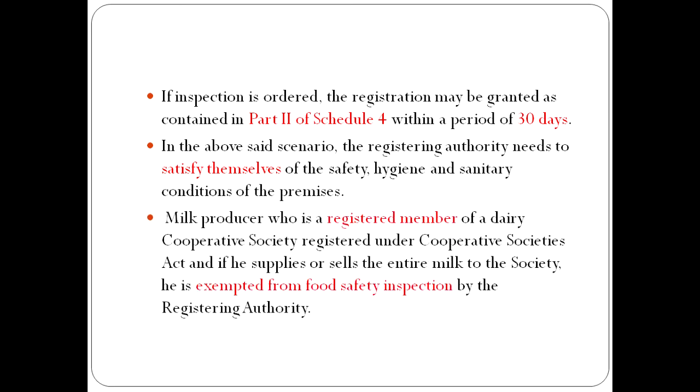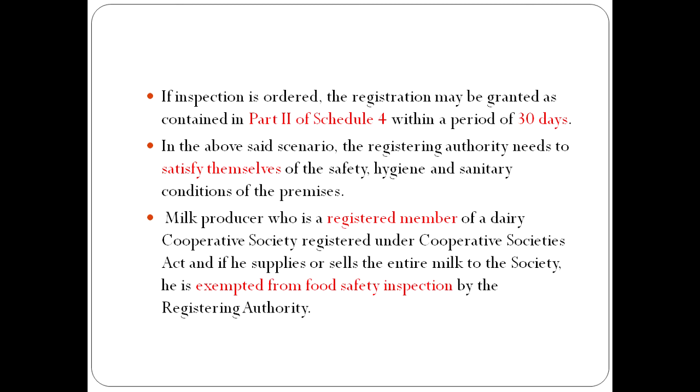Okay, the next thing is, this condition is usually for all food business operators, but there are certain restrictions also. Say for example, someone is a milk producer at village level, and he is a member of the dairy, that is a cooperative society registered with the Cooperative Societies Act. If he supplies or sells the entire milk to the cooperative society, he is given exemption from food safety inspection by the registering authority.